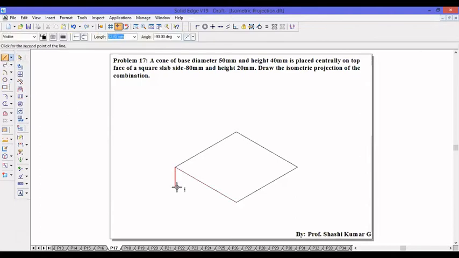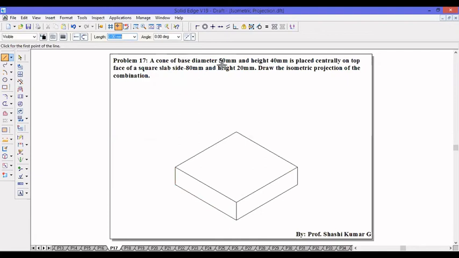From the end point of this 20 mm minus 90 degrees, 80 minus 30, 80 plus 30, and join it to the corresponding corners. So this gives us the square slab of size 80 mm.